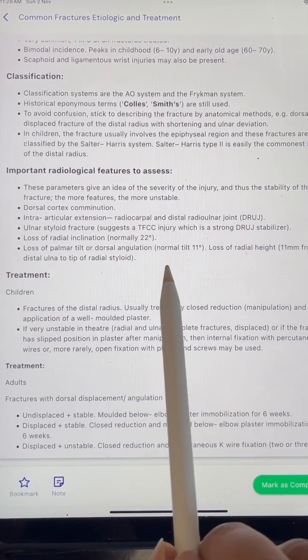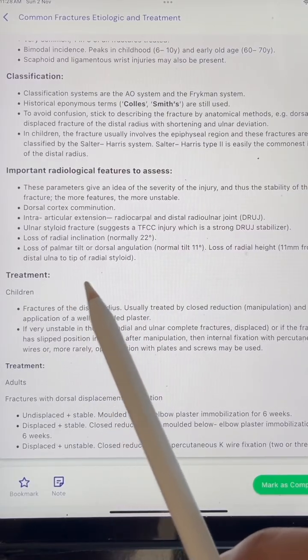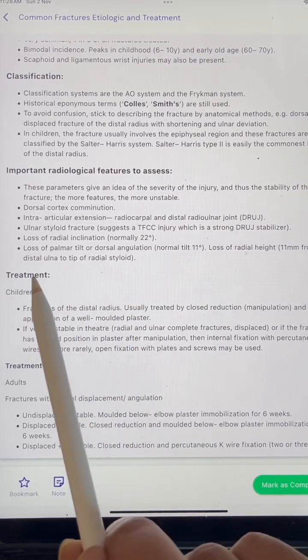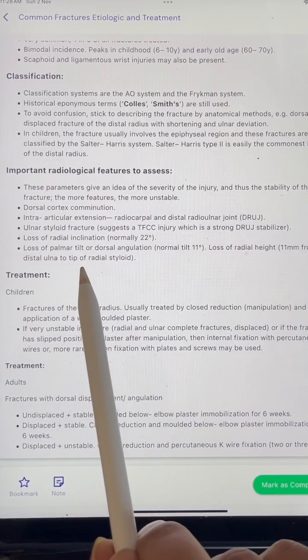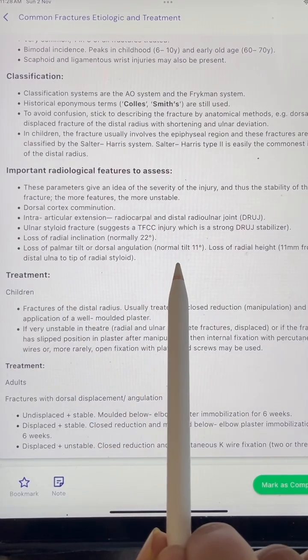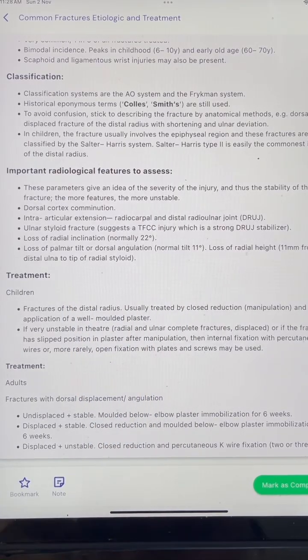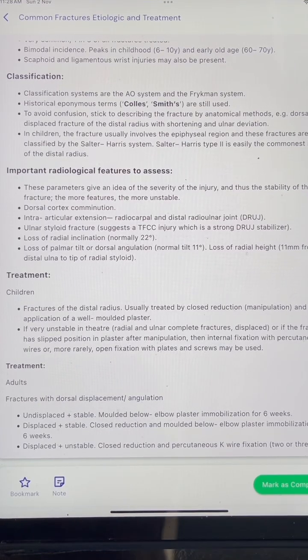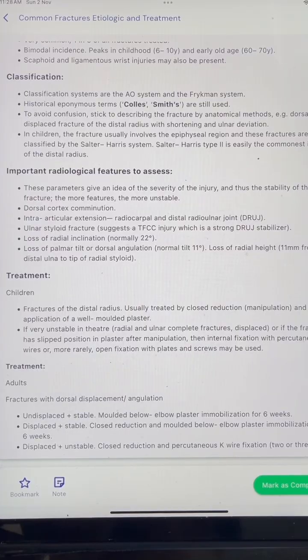Loss of radial inclination, normally 22 degrees. Loss of palmar tilt or dorsal angulation, normally palmar tilt. Loss of radial height from the distal ulna.